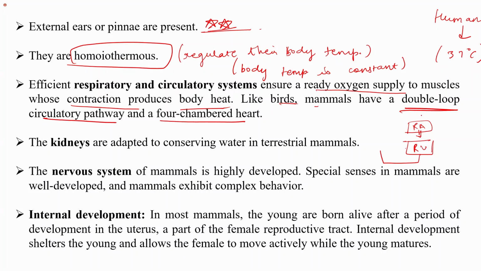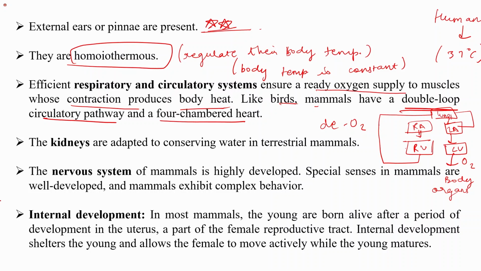From here, blood goes to the lungs. From the lungs, it again enters the left atrium, then the left ventricle. This left ventricle supplies blood to the body organs. Oxygenated blood is supplied, and deoxygenated blood is sent to the lungs for oxygenation.